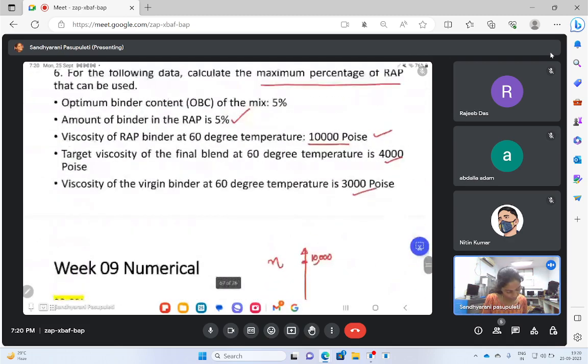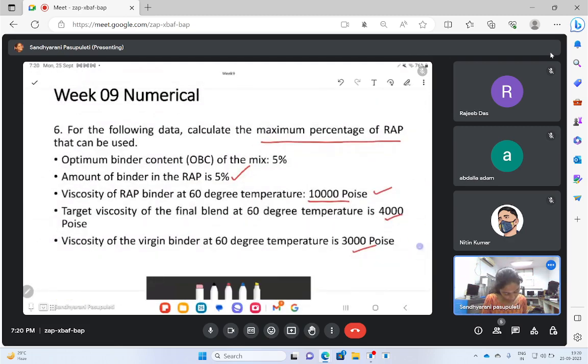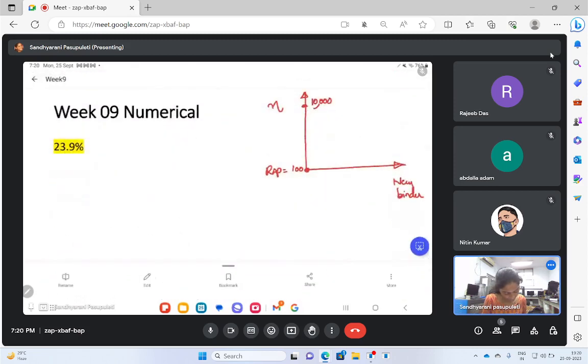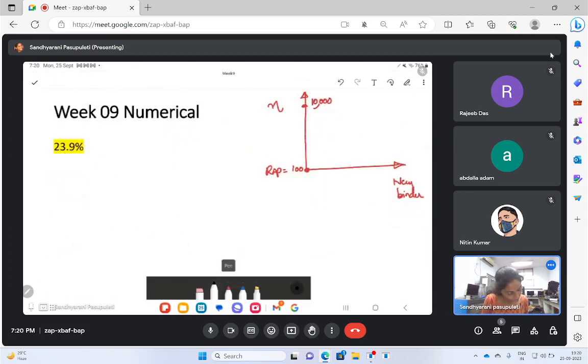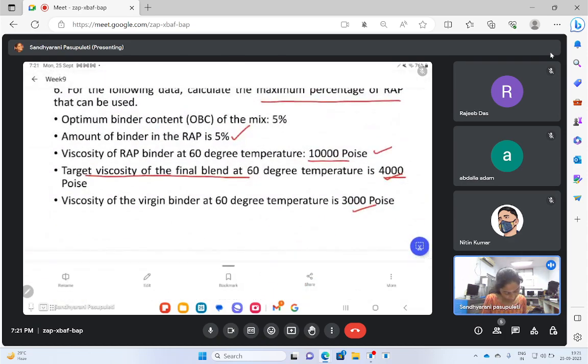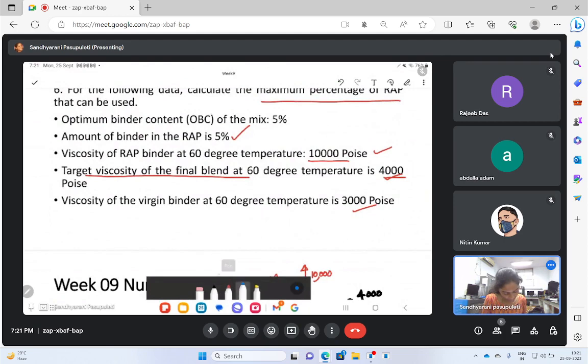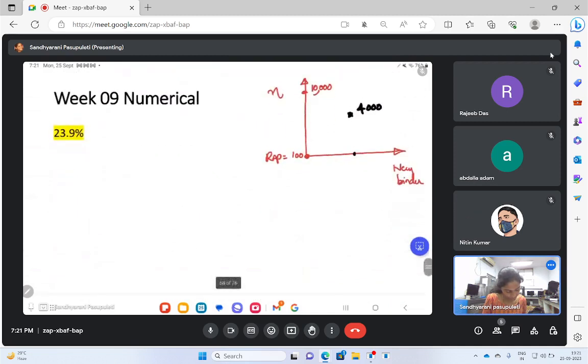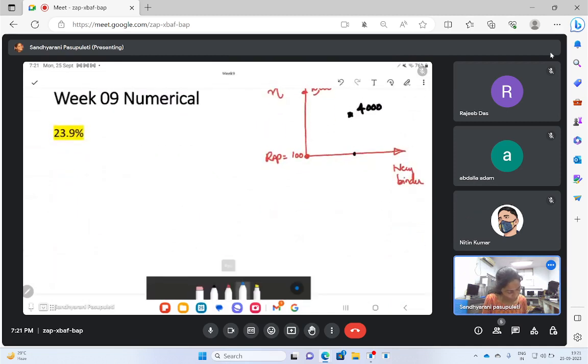Another data is the target viscosity of the final blend, 4,000 poise. Somewhere the target viscosity is 4,000, but we don't know how much percent it is. And another data given is the viscosity of virgin binder, which is 3,000. So 3,000 would be here somewhere.